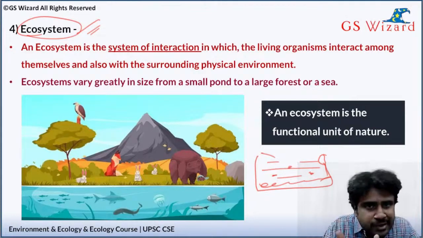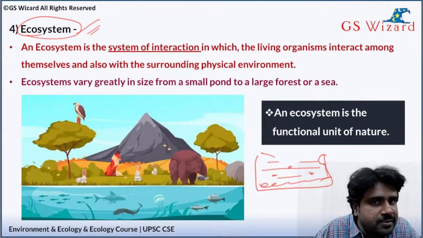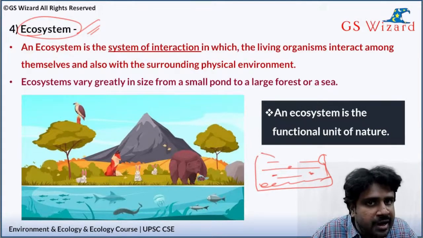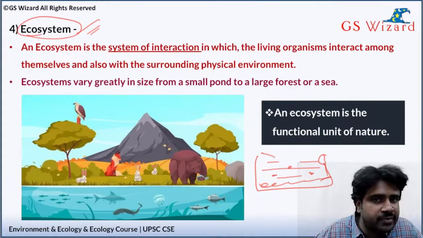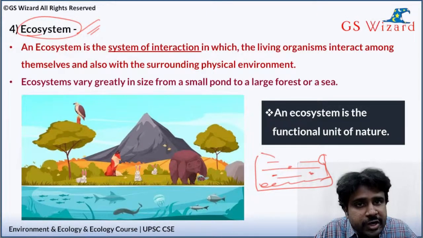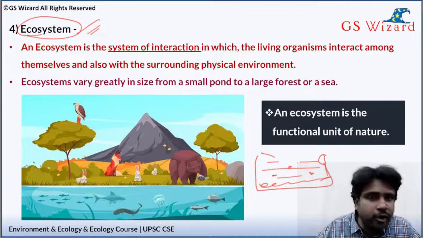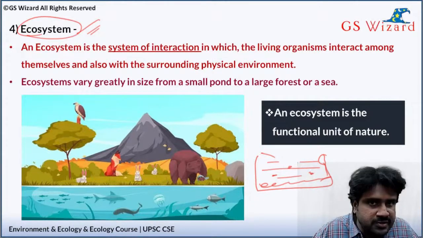So if I just look at the place where an organism lives, that becomes habitat. But in a habitat, no organism can live separately or in isolation. Every organism has to depend on or interact with other organisms and also with non-living things.